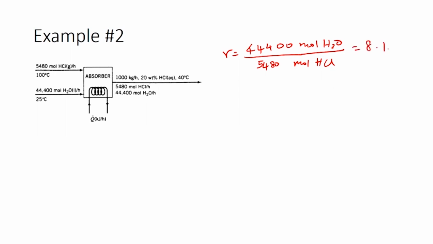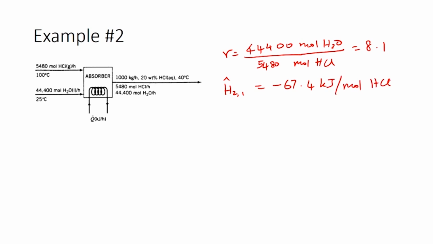For the first step, which is the formation of the solution from HCl pure component and water pure component, we can look up the table B11 in the textbook Felder-Rousseau, or you can use any other reference book, and you will be able to get this value as H21 cap equals minus 67.4 kilojoules per mole of HCl.